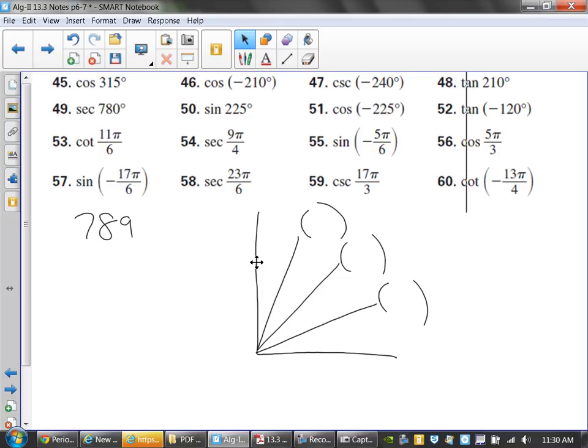Sometimes it's helpful to draw it so you can get your reference angle. Then I would go right to my first quadrant and look off of that to figure out what to do.